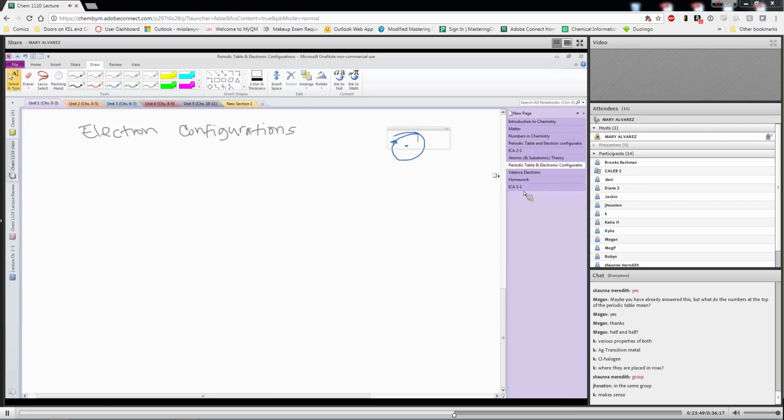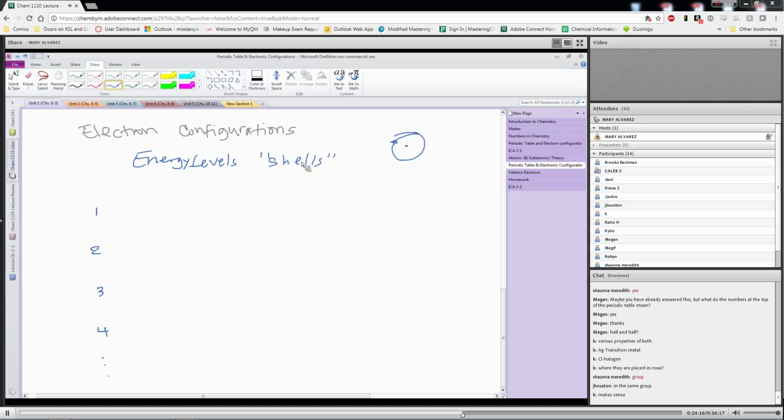And so the energy levels possible are going to be called shells. So we have energy levels, which I'm going to call shells, and we have, let's say, energy level 1, 2, 3, 4, and so on.